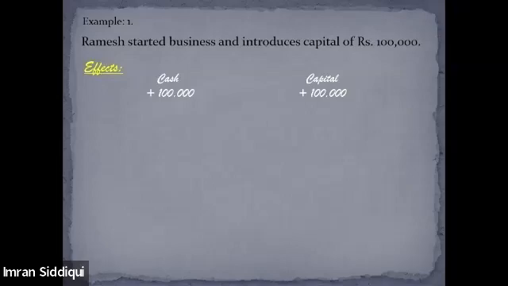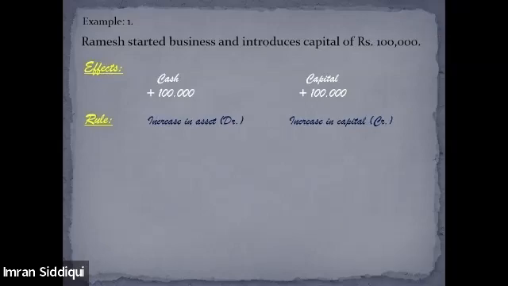Cash is an asset, and capital has a separate category of its own. If cash increases, what do we do? Because cash is an asset, the rule says we need to debit the increase in asset. An increase in capital needs to be credited.